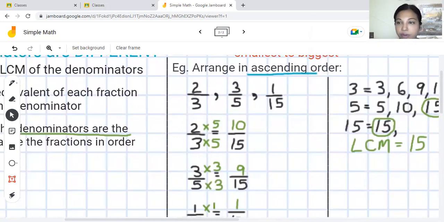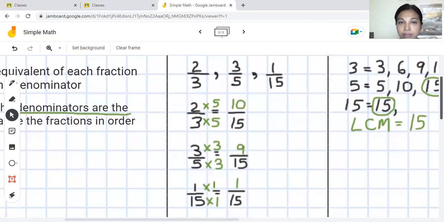So take a look at the equivalent fractions that we formed, and we are looking at the fractions on the right. When you look at our numerators, the smaller the numerator, the smaller the fraction.